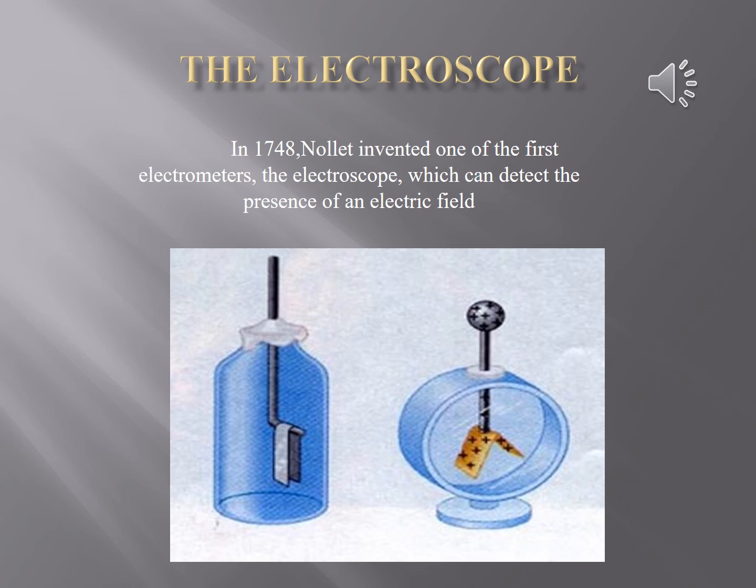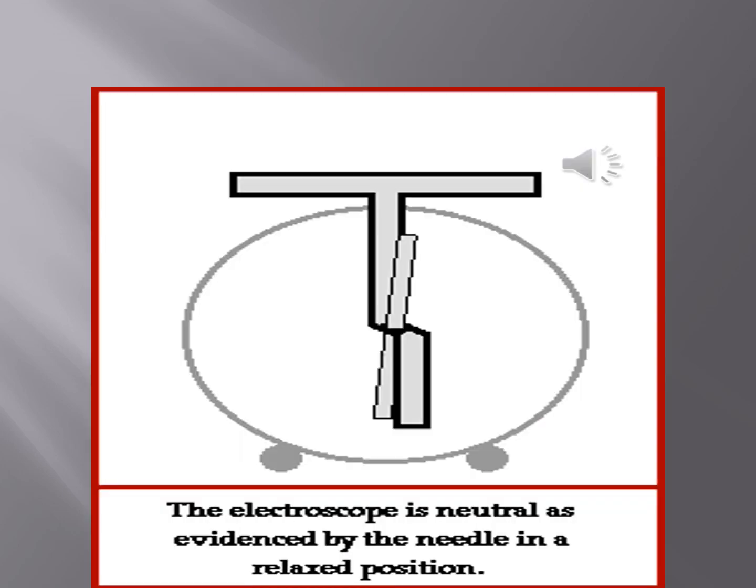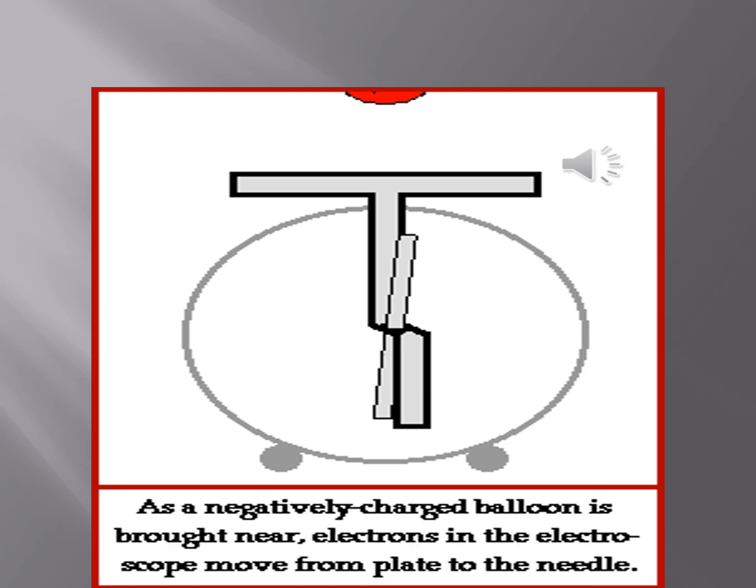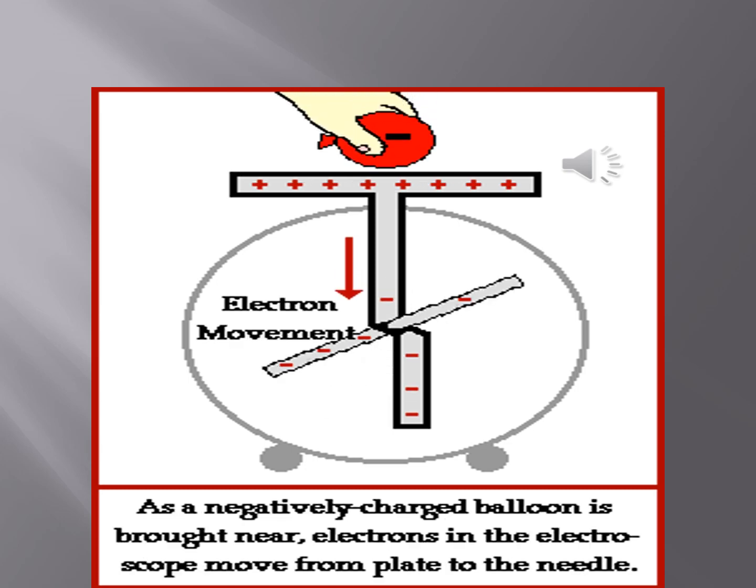It usually consists of a pair of thin gold leaves suspended from an electrical conductor that leads to the outside of an insulating container. In 1748, Nollet invented one of the first electrometers, the electroscope. Here the electroscope is neutral, as evidenced by the needle in a relaxed position.